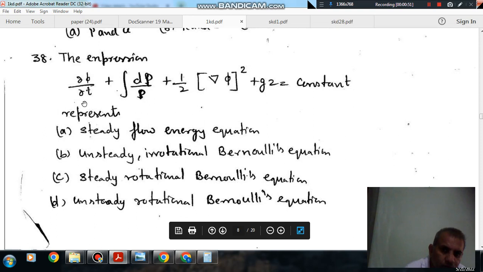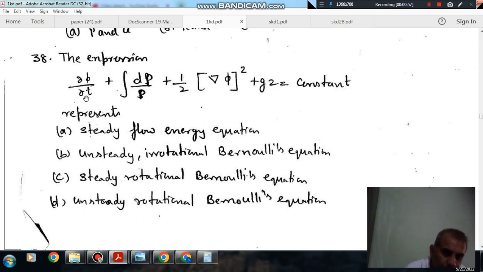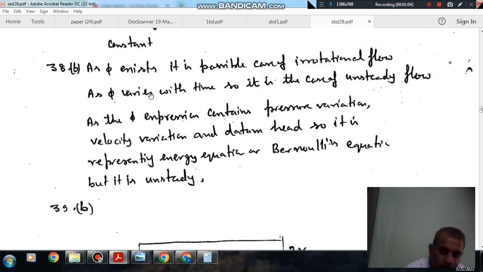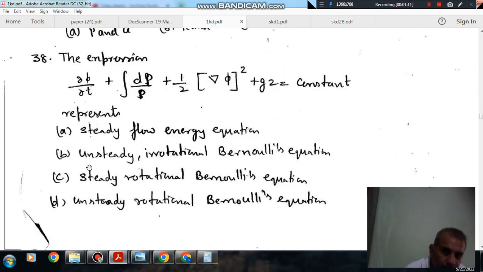This is rho. So this is an unsteady flow because phi is varying with time. As phi exists, it is a possible case of irrotational flow. So it is unsteady irrotational Bernoulli's equation.